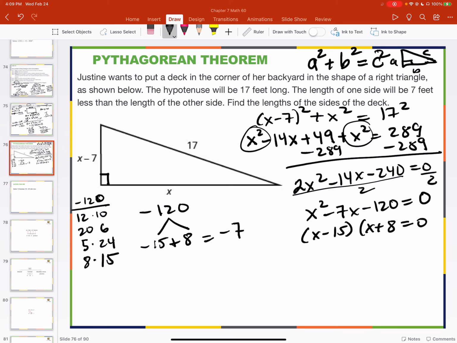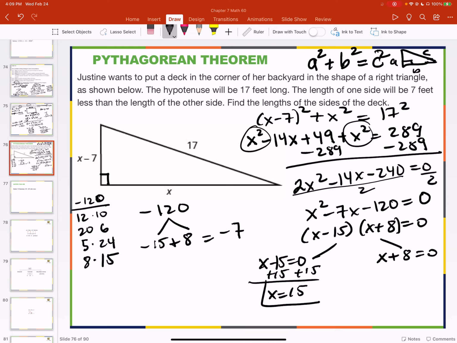That's equal to 0. Let's separate these using the zero product property, which we are now experts at. So then we solve for x on both sides. x is equal to 15 is one possibility, and then x is equal to negative 8 is the other possibility. But again, what did we say about negative solutions?